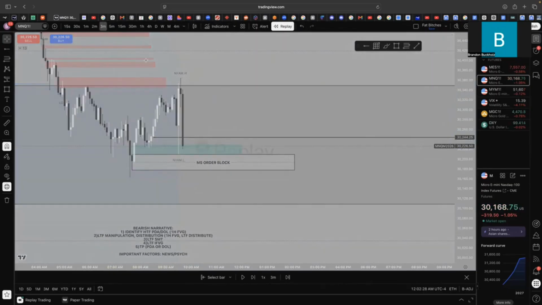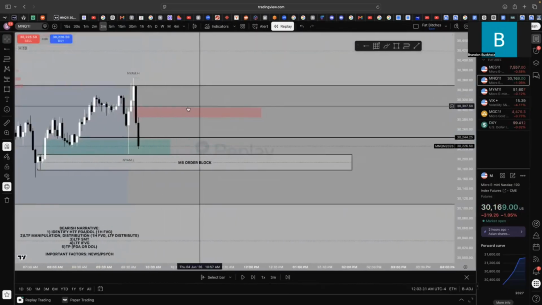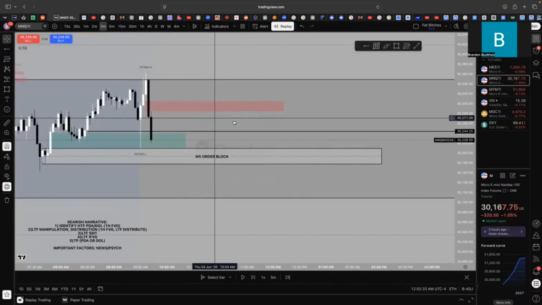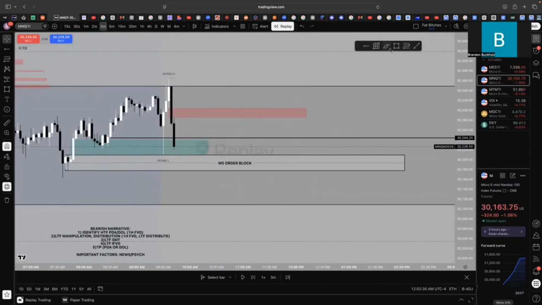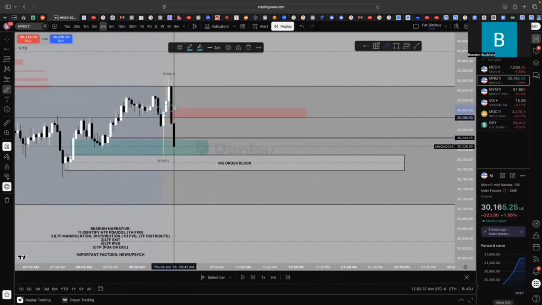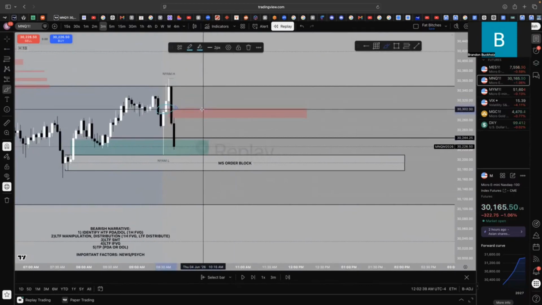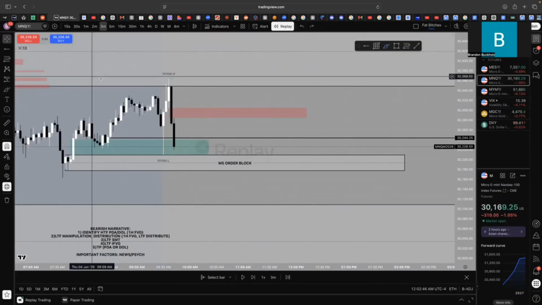So let's scale down. On the 3-minute, do we have any inverse fair value gaps? Don't tell me this. That's about 2 points. Don't tell me that is an inverse. Don't tell yourself that. Let's look at the 2-minute.